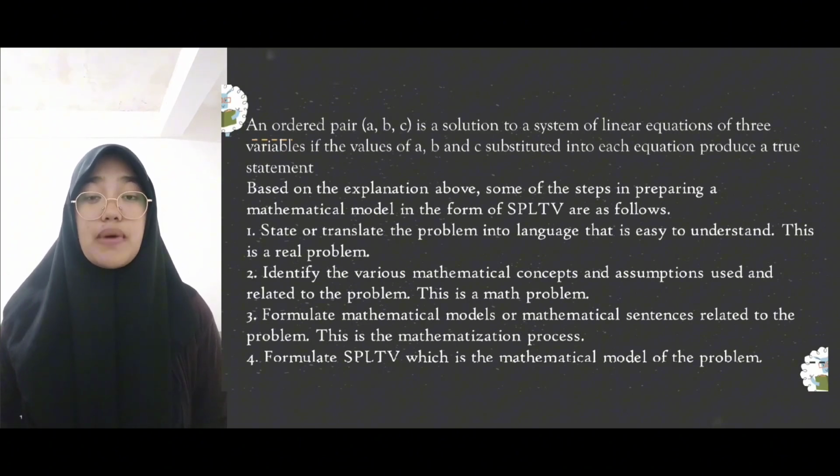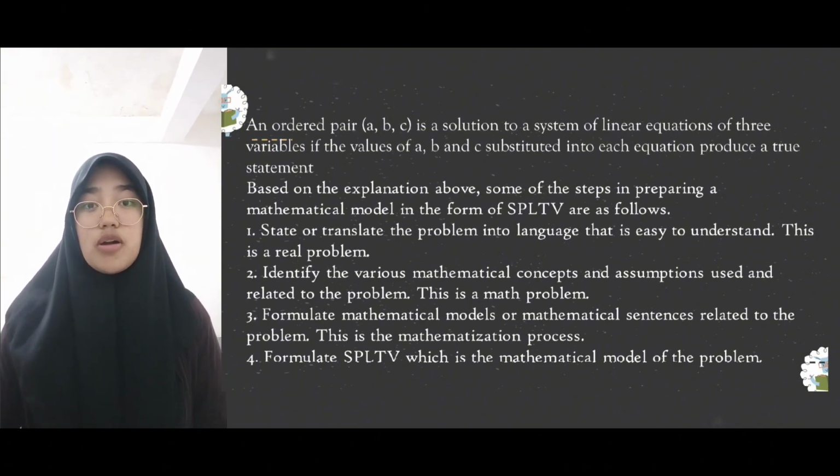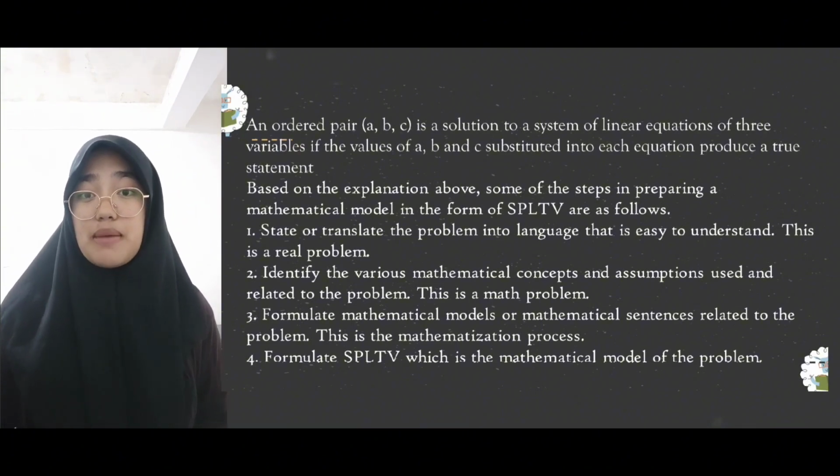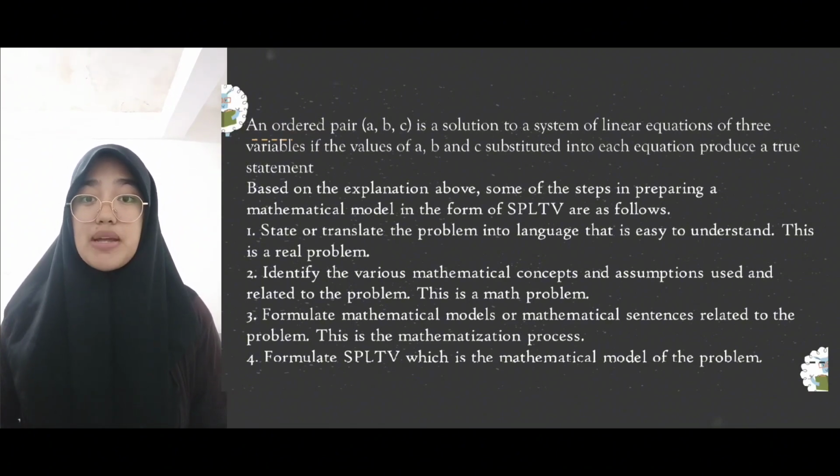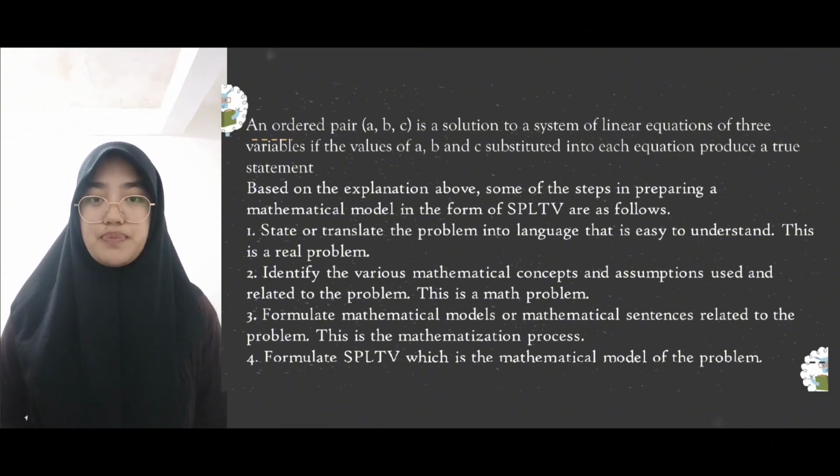This is a math problem. 3. Formulate a mathematical model or mathematical sentence related to the problem. This is the mathematization process. 4. Formulate the SPLTV, which is the mathematical model of the problem.